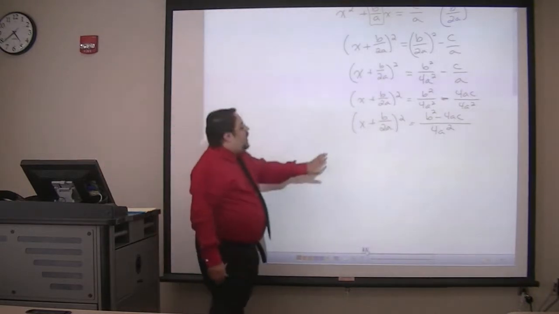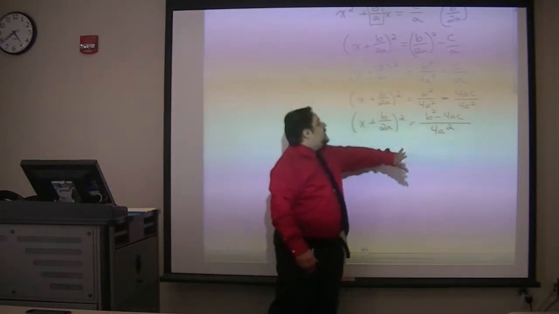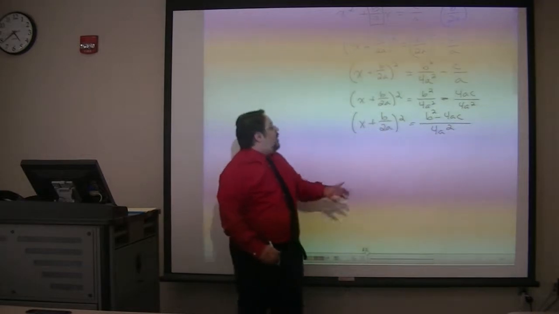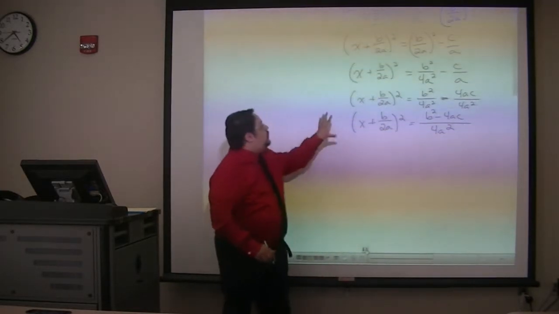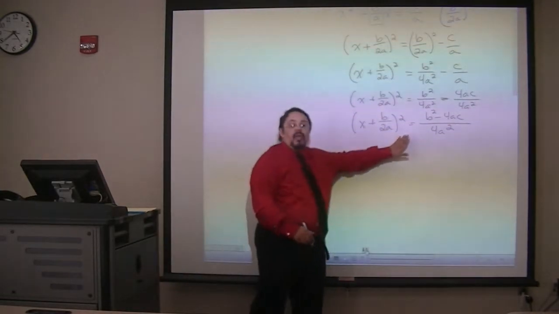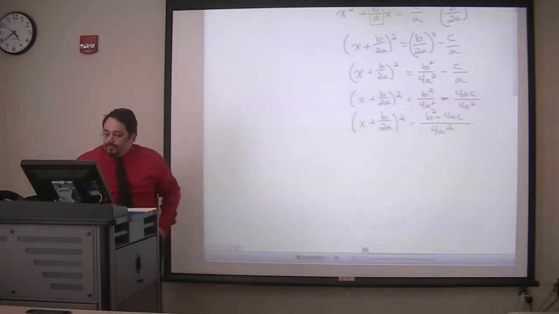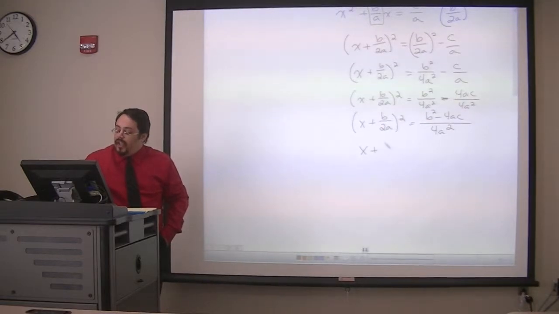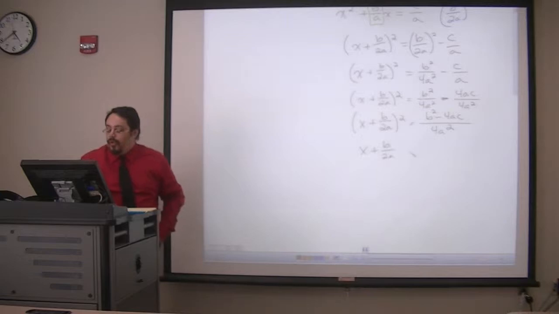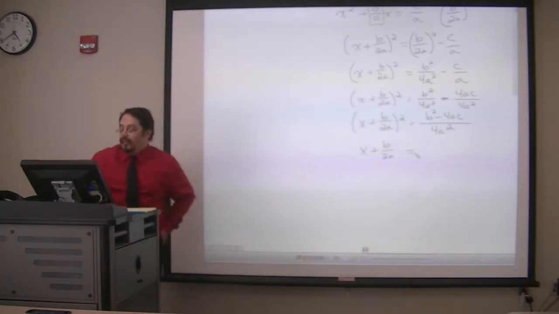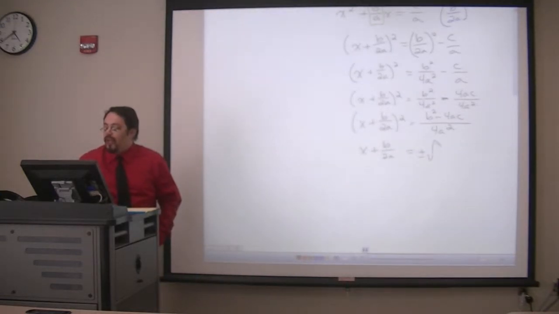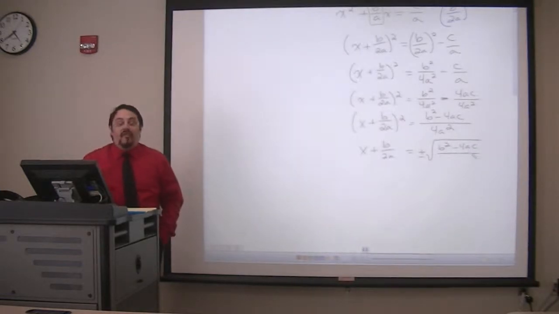So now that this right-hand side is cleaned up and simplified as much as we can simplify it, we can go ahead and do what we said before, and take the positive and negative square root of both sides. And the square root cancels out the square for the entire binomial, so we're left with what's inside the parentheses. And over here, we have to make sure that we have the positive and negative square root so that we have all of our solutions.